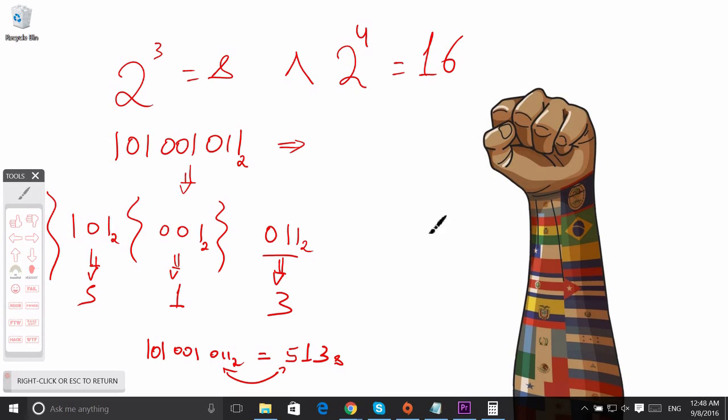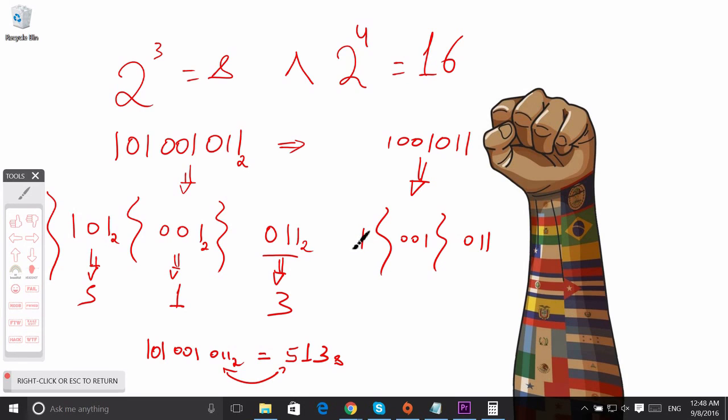Now if you are missing a digit, let's say like this, 1001011. If we do this partition, of course we need to start from right to left. We get 011, 001, and 1.